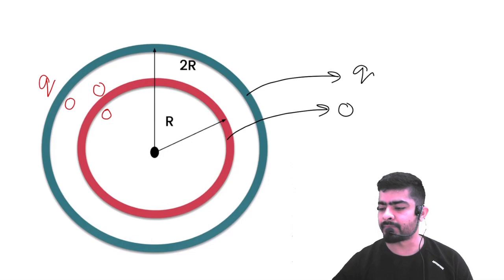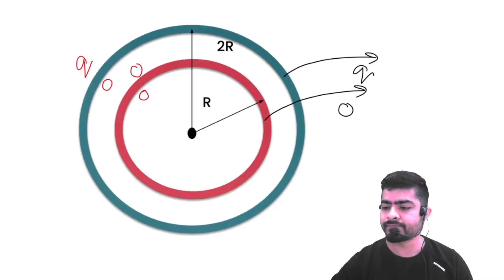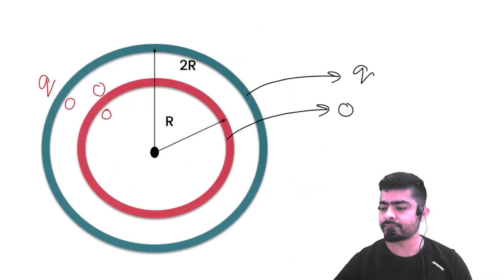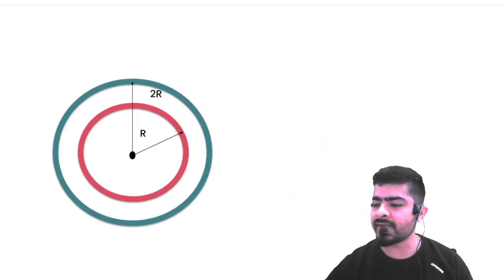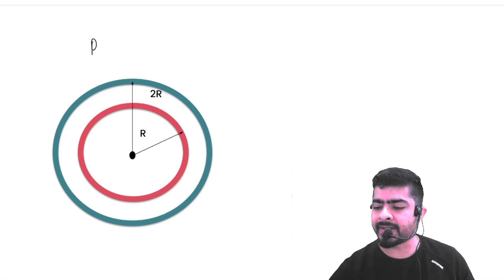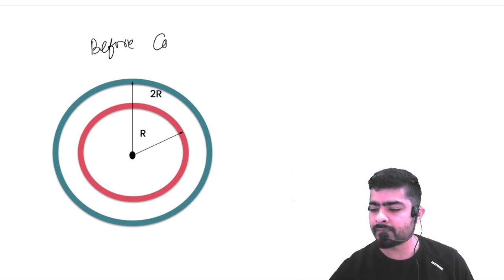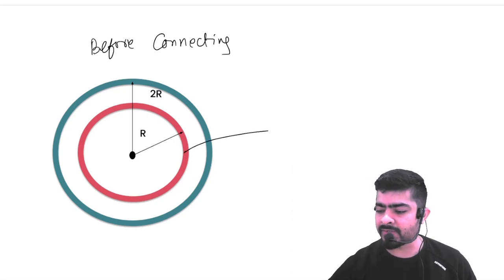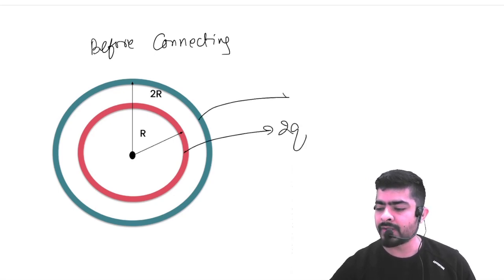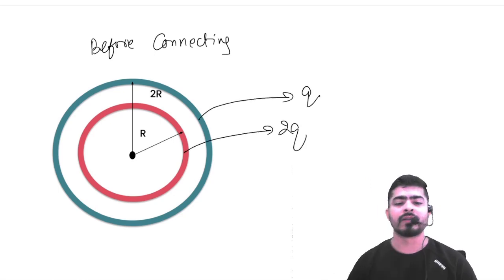Let's see. My turn now. So these are your shells. Now before connecting, what will happen? Before connecting them, this one has charge 2q, this one has charge q, right?